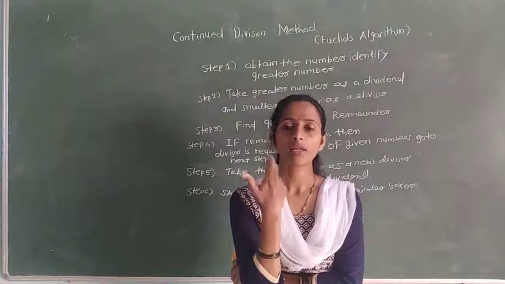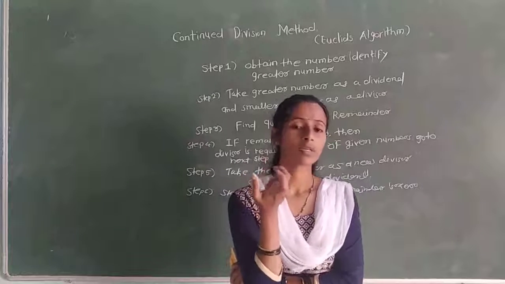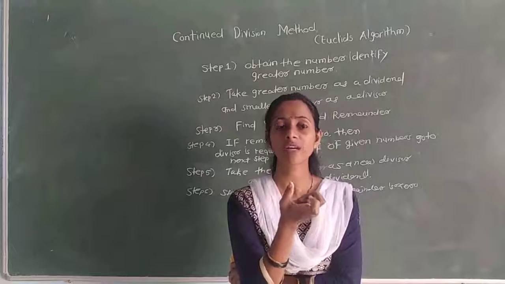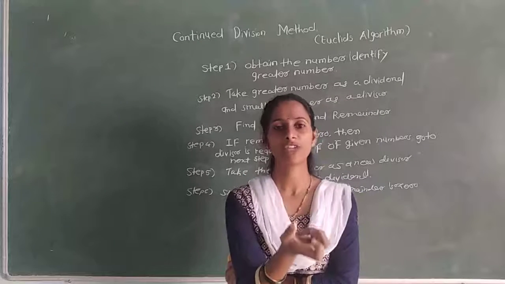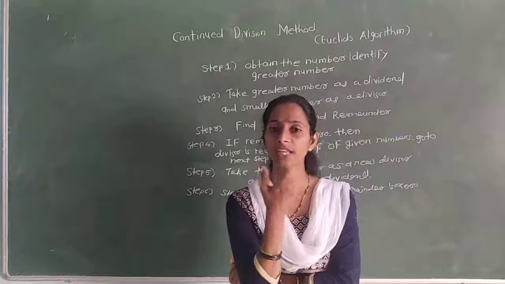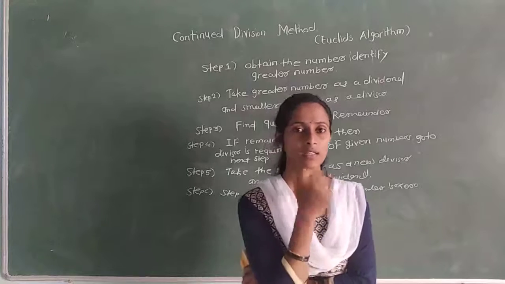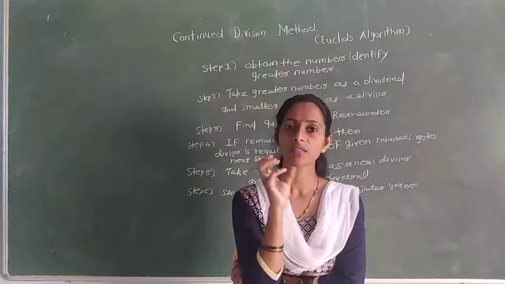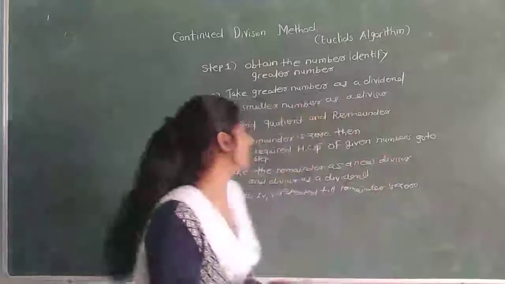Otherwise, take the remainder as a new divisor and the divisor as a dividend. Repeat steps 3rd, 4th, 5th till remainder 0 is obtained. The last divisor is your SCF. Clear? And now we see an example.